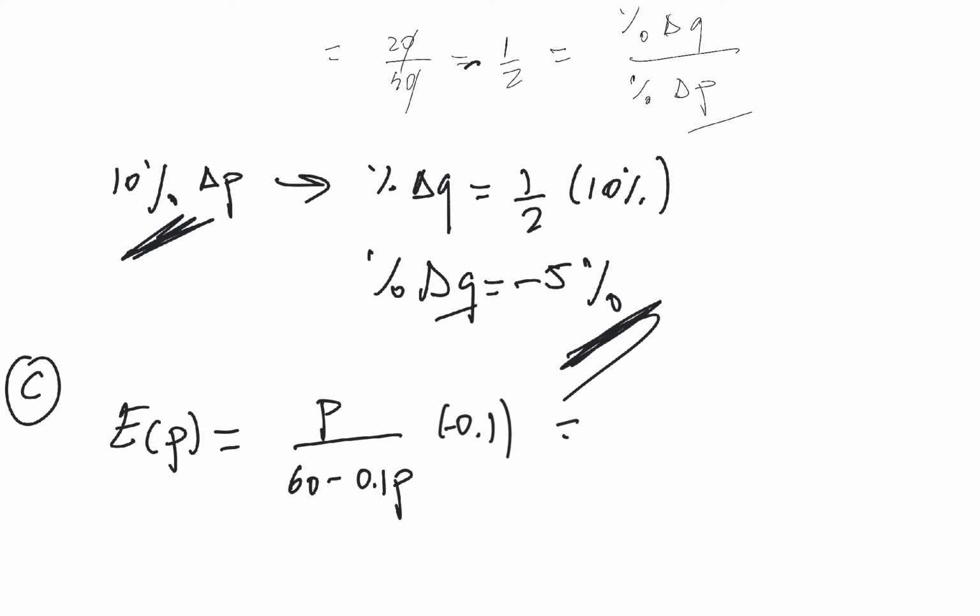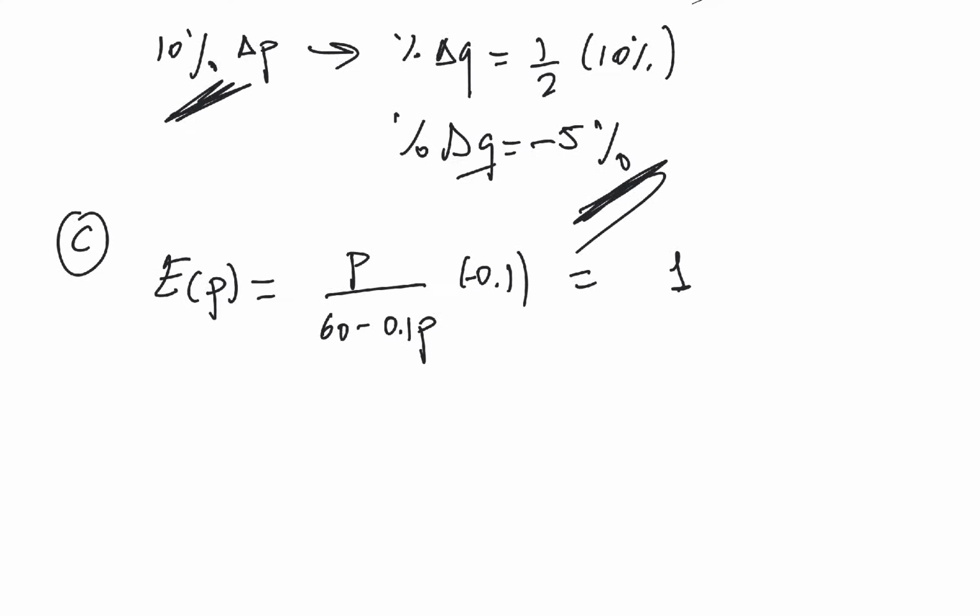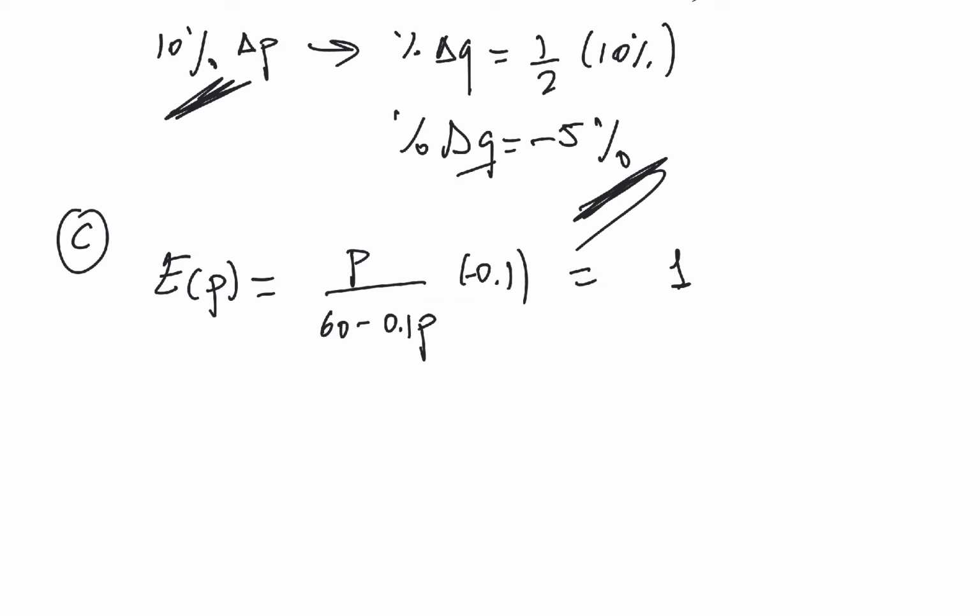So I want this to be 1 or minus 1, I don't know, because the elasticity is always negative. So indeed the problem is asking when this is minus 1. The elasticity is always negative. So at which P is this 1? Well, it's a question of working with this.